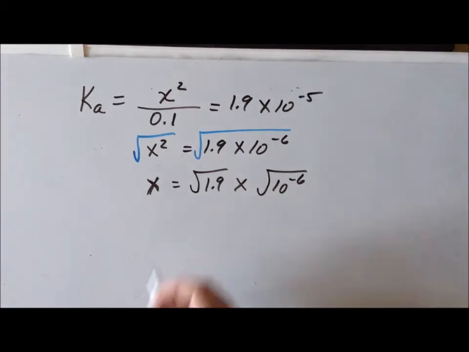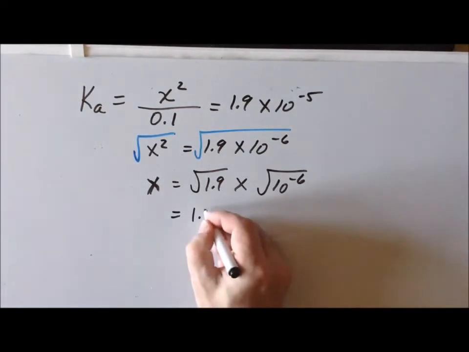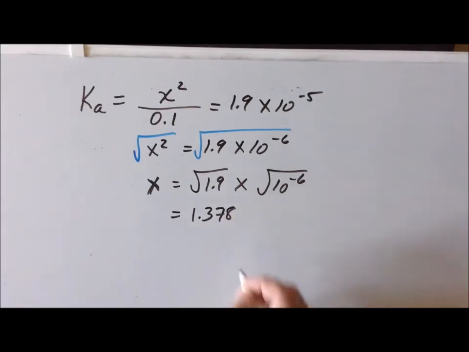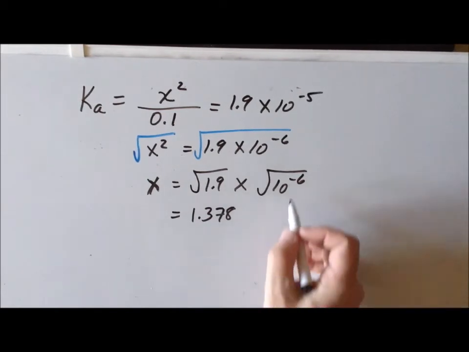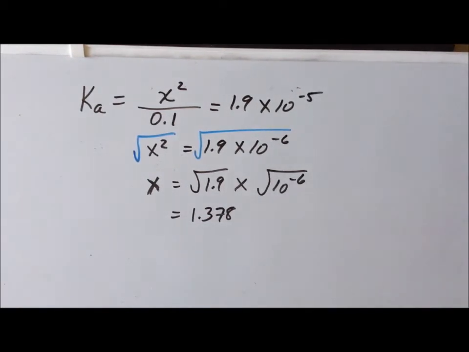Now, using my calculator, I would find that the square root of 1.9 is 1.378. To find the square root of 10 to the minus 6, we can do it by inspection, because we have an even number exponent, and using the properties of exponents, the square root of 10 to the minus 6 is simply 10 to the minus 3.